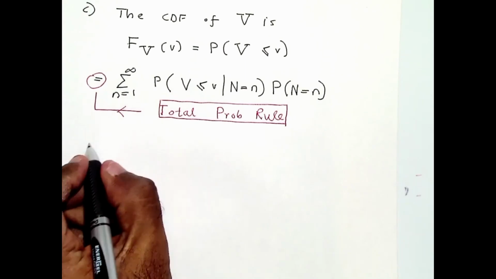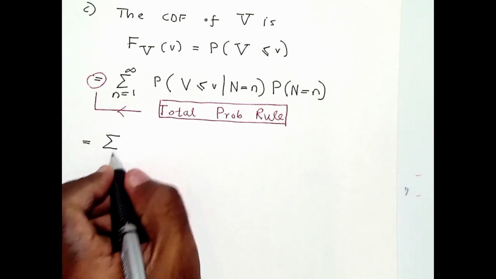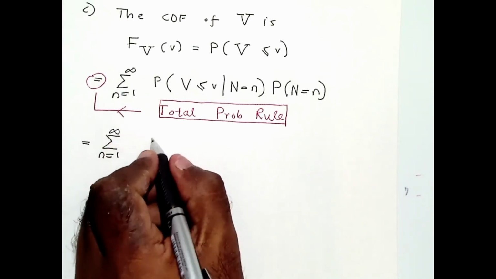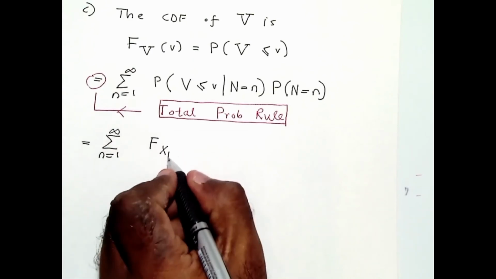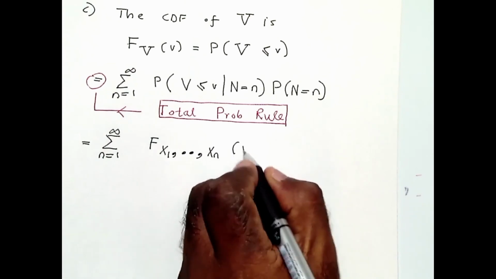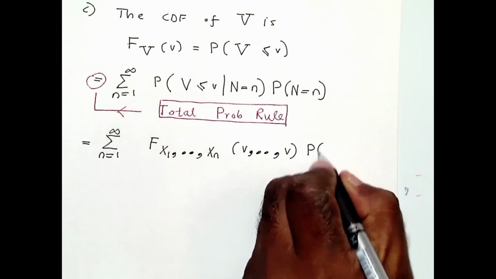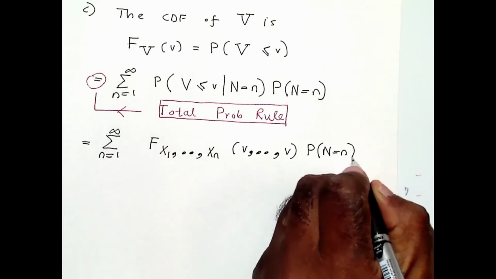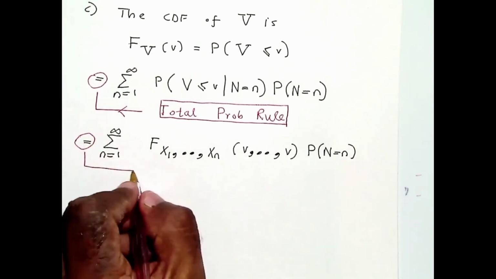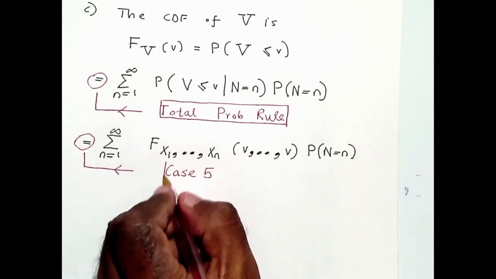Right, and in the next line, I'm going to replace the conditional probability by the CDF that we got for V under case 5, which was this. So this step follows by the result that we got in case 5.